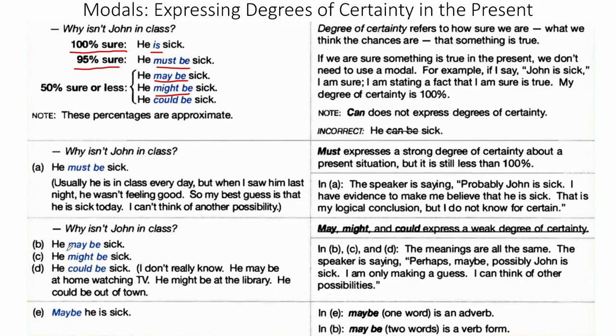But when we use may, he may be sick, he might be sick, he could be sick, this is the rule: might, may and could express a weak degree of certainty, but must expresses a strong degree of necessity about some kind of situation, maybe sick. So these are the degrees of necessity in the present, of course.